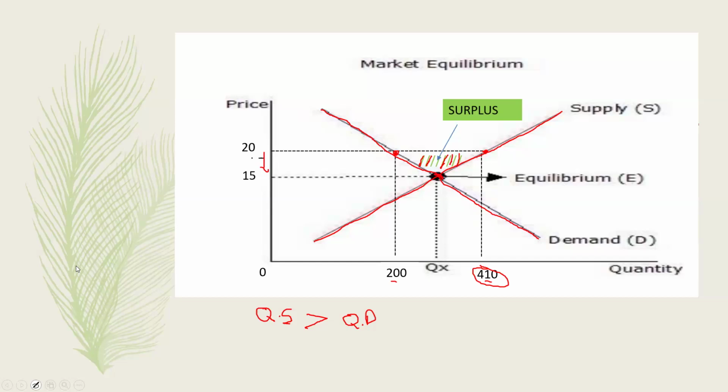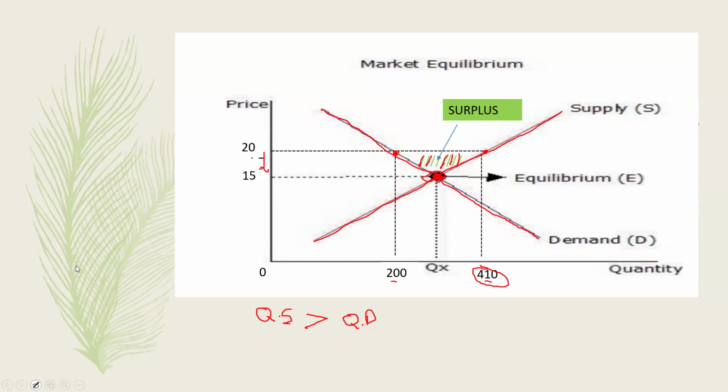Let's run through this again. We have a surplus in the market because price went up. Supply is greater than demand. But because supply is greater than demand, we want to operate at the equilibrium point. That is our key objective. We want to go back to the middle, the equilibrium. So what suppliers, or the economy, will do is start decreasing their prices.